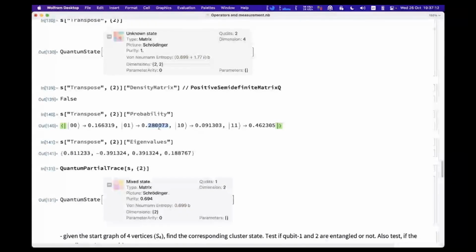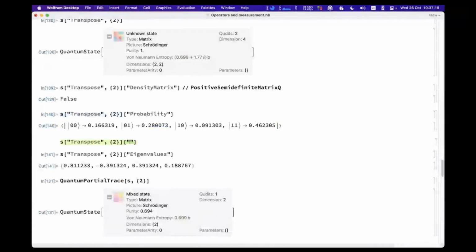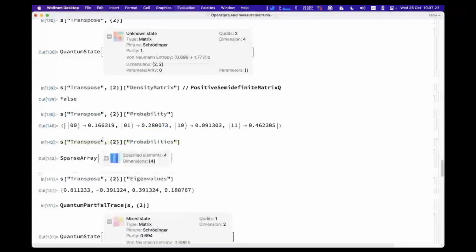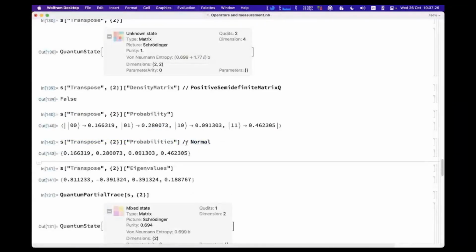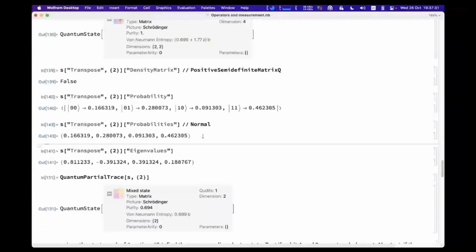I'm not sure why these probabilities are here. Are they normalized? Yep, I guess they are. Maybe after normalizing the eigenvalues, that's what you get. Right? That's how it's computed, normalized by the total.